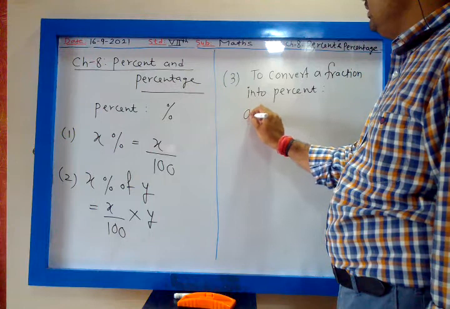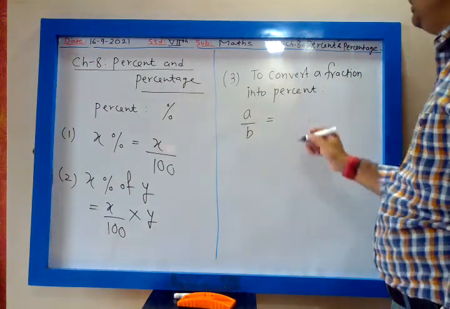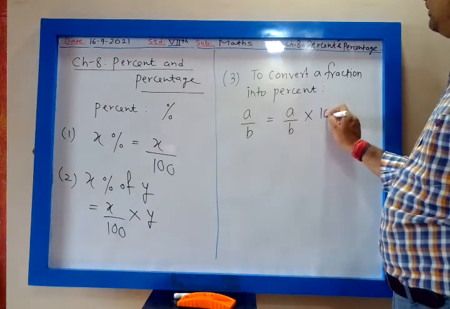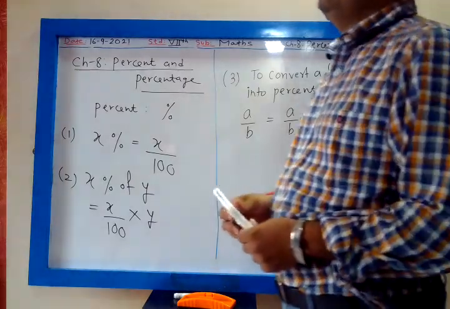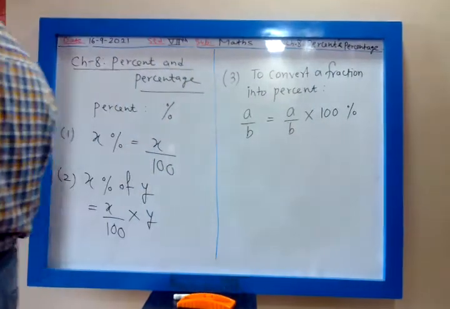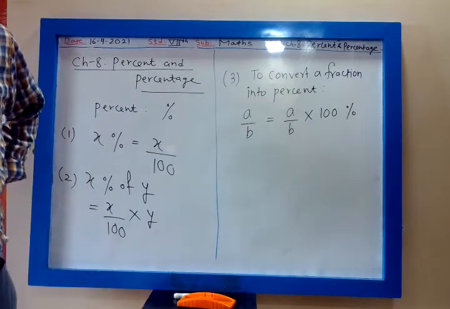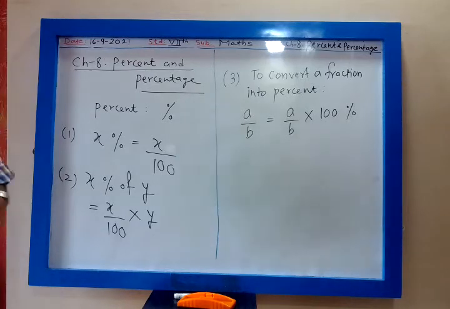Suppose you have a upon b. Then how will you convert a upon b into percent? A upon b, the fraction, multiplied by 100, you will get percent. So whenever you are given a fraction, you multiply that fraction by 100, you will get a percent. So to convert a given fraction into percent, we multiply by 100, that's all.